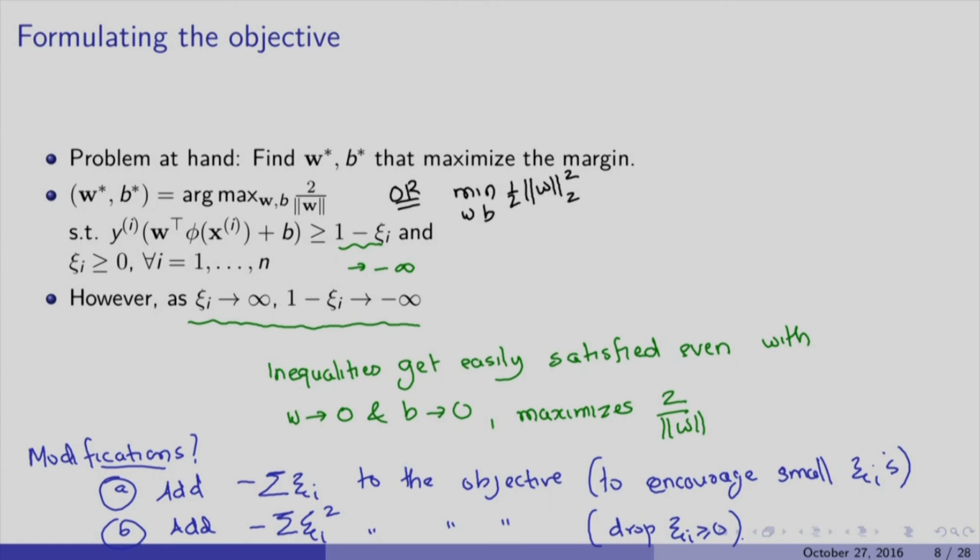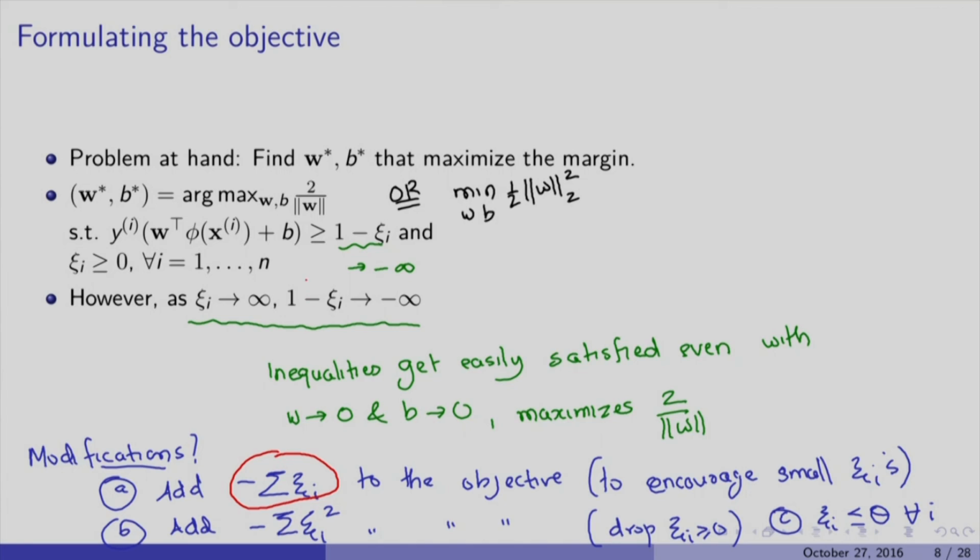Recall that we have discussed this variant in the support vector regression setting. One could also add a constraint such as xi i less than or equal to theta for all i.